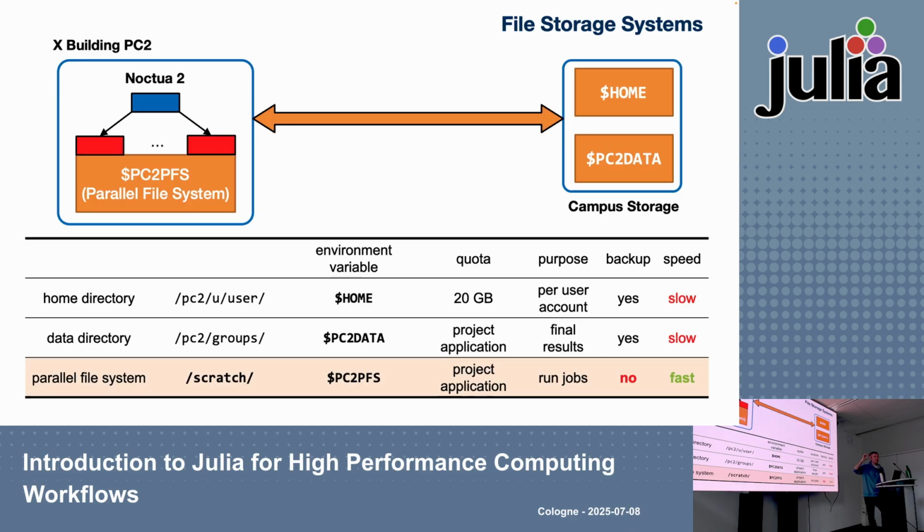So if you have very many very small files, it can become slow in the case where the complete system is under load. So a lot of users are using the parallel file system. There's a lot of load, and then single accesses slow down. And in this case, it can be faster to store them, for example, in the group folder.